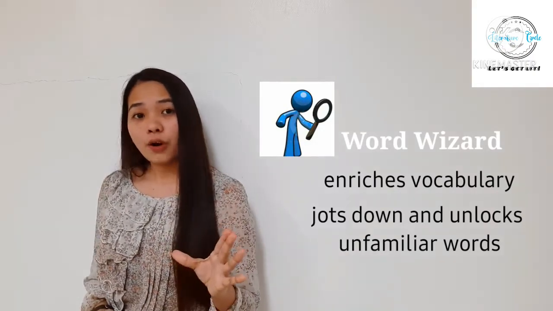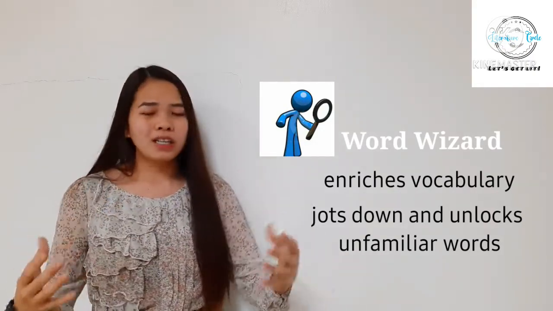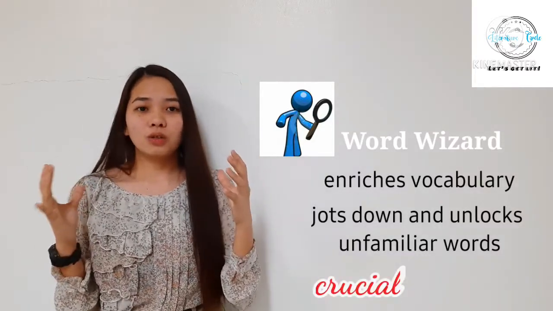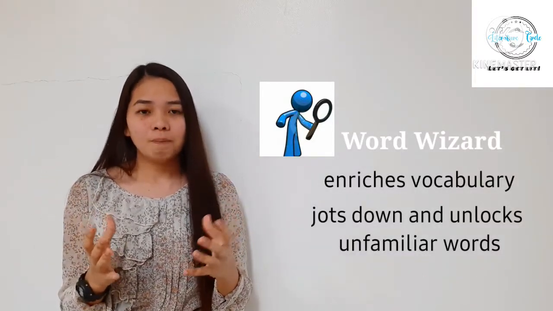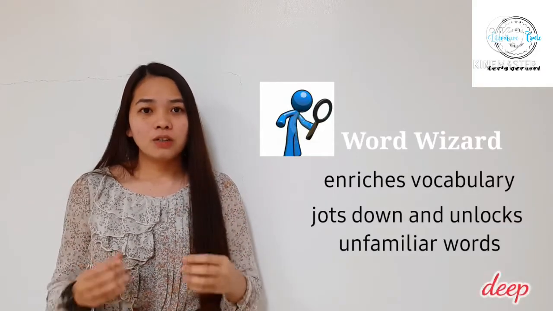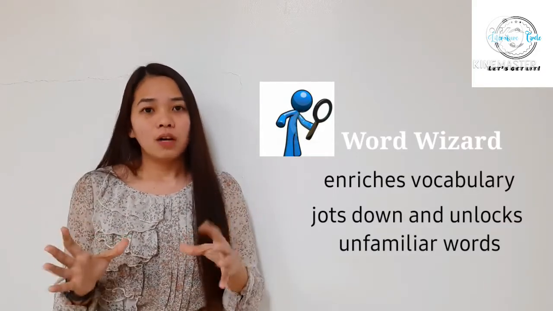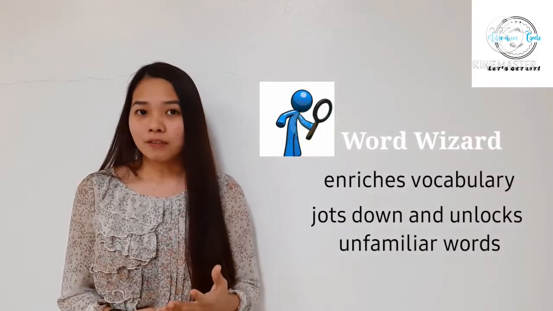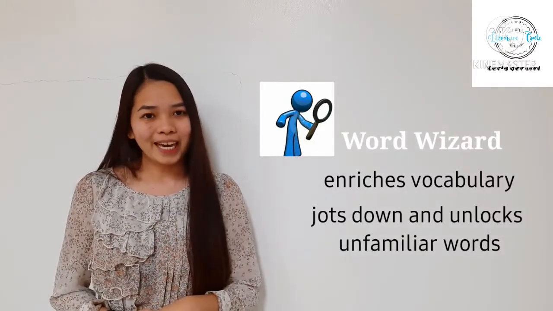Remember that the words you're going to look at could be unfamiliar words that are crucial to understand, highfalutin words, deep words that are not familiar, so you have to unlock them so you will be able to understand the novel more deeply. Okay, so that's your job.